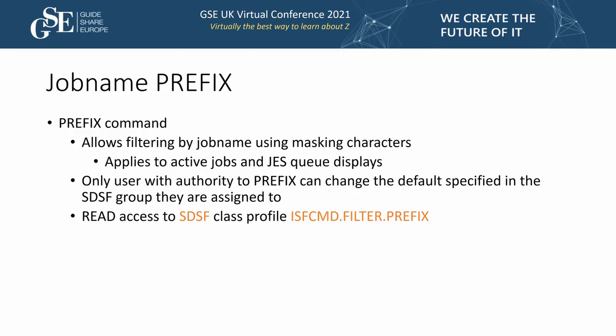And if you have read access to the filter prefix command, ISFCMD.FILTER.PREFIX, you can issue the prefix command and change what you see on those panels. You can do prefix asterisk, prefix kick asterisk, stuff like that. But if you don't have read access to that profile, you cannot issue the prefix command, which means you cannot change your current prefix. Bear that in mind as we go forward.